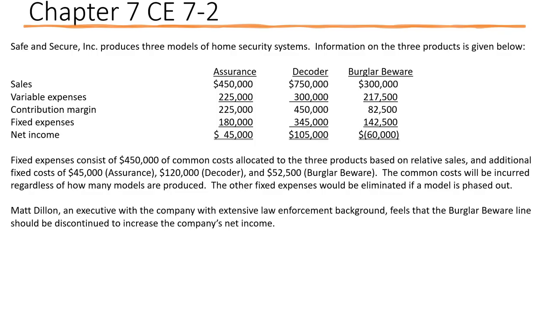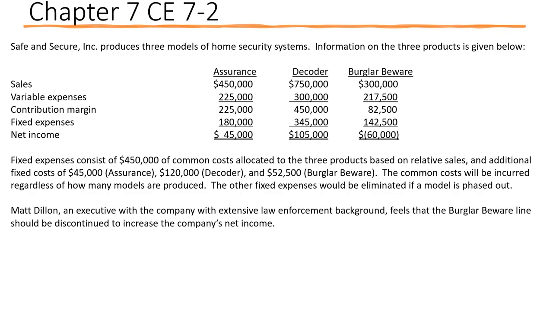Okay, so what this means is the total that you see for fixed expenses. So in Assurance, it's $180,000. $45,000 of that is directly only related to the Assurance product.